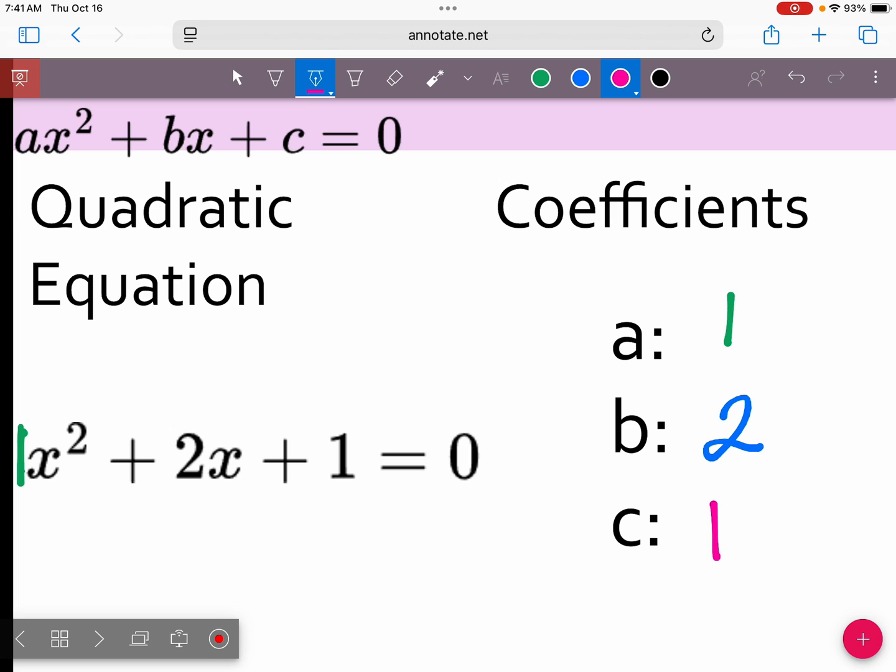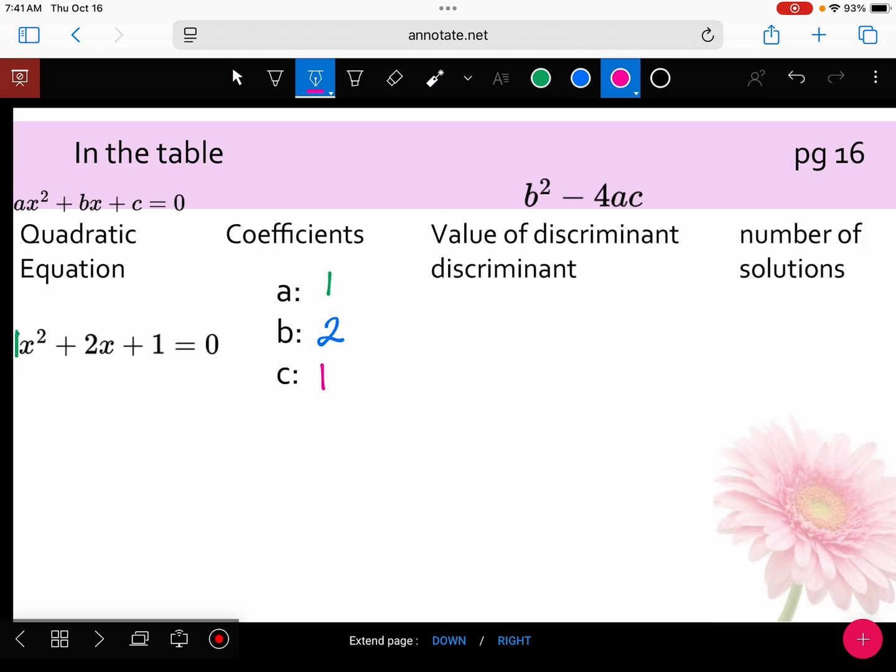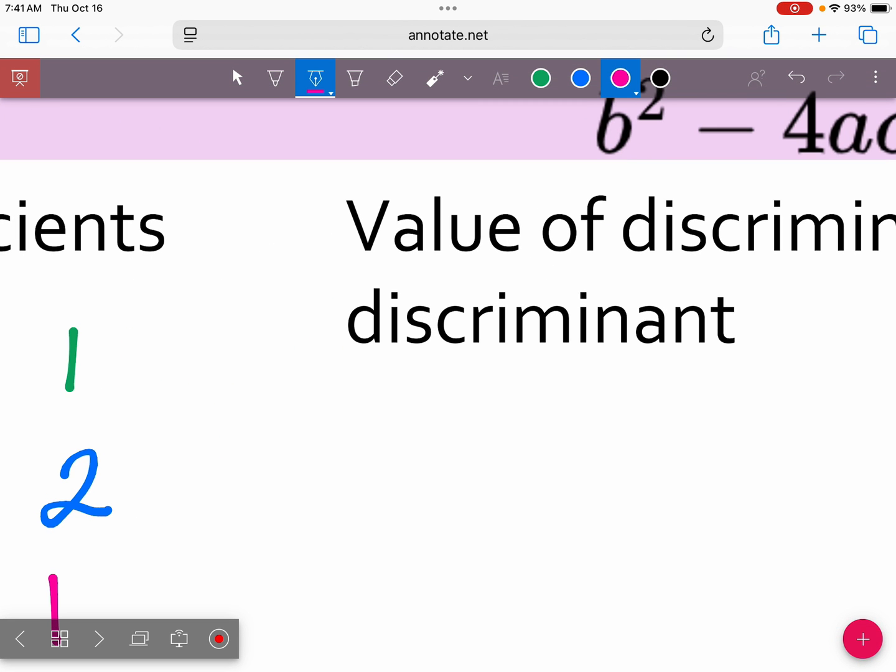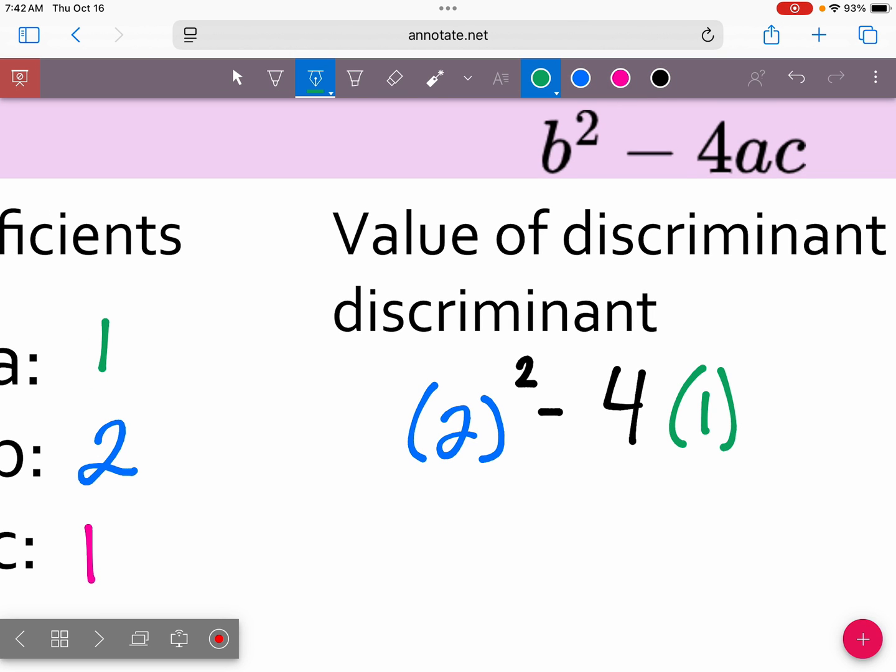So we find our coefficients. We're going to substitute them in, and we're going to simplify. So our B squared minus 4 times A times C. What do we get when we simplify?